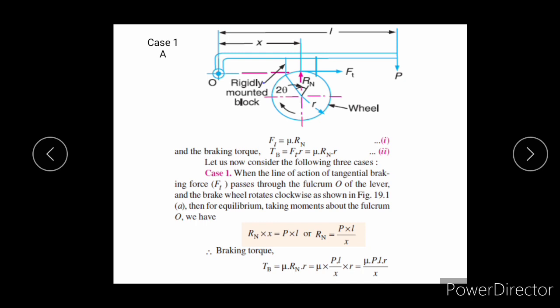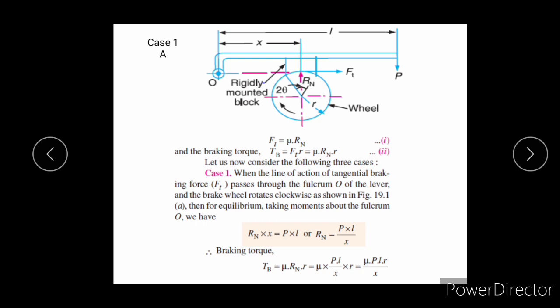The angle which the block is making at the center of this wheel is 2 theta. So this 2 theta is less than or equal to 60 degree. Remember this, you can write this on your notebook. So why less than or equal to 60 degree?